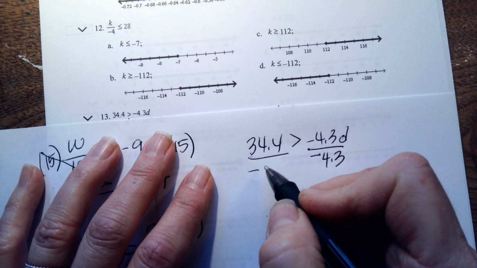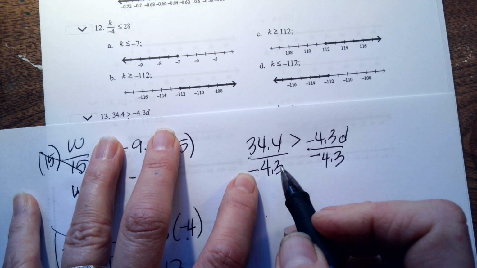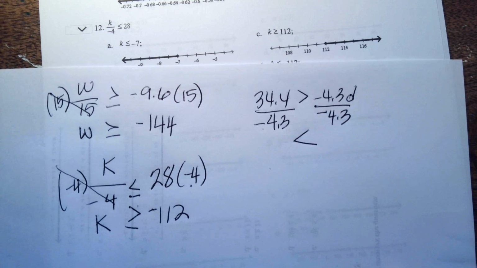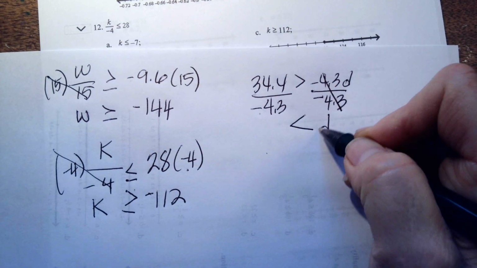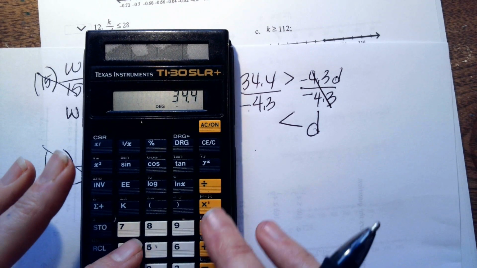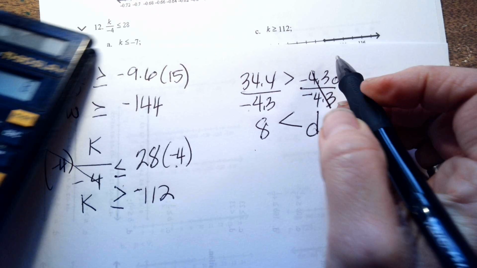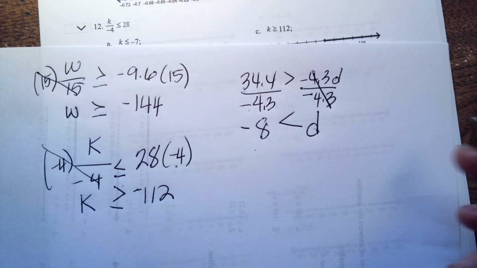Anything I do to one side, I do to the other. And because I'm dividing by a negative number, I have to switch the direction of my inequality. Then I do 34.4 divided by 4.3. It is 8. And then my final step is to say I have a positive and negative, so it's -8.